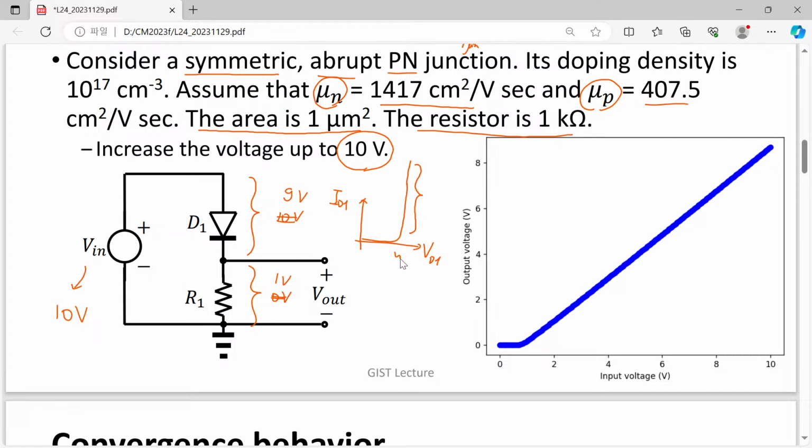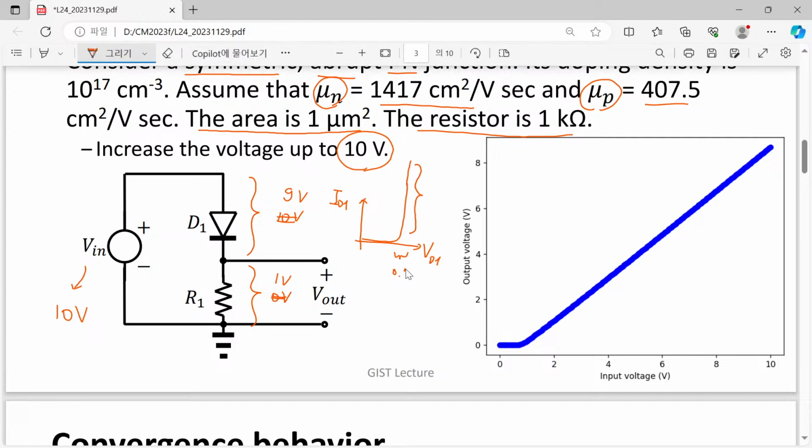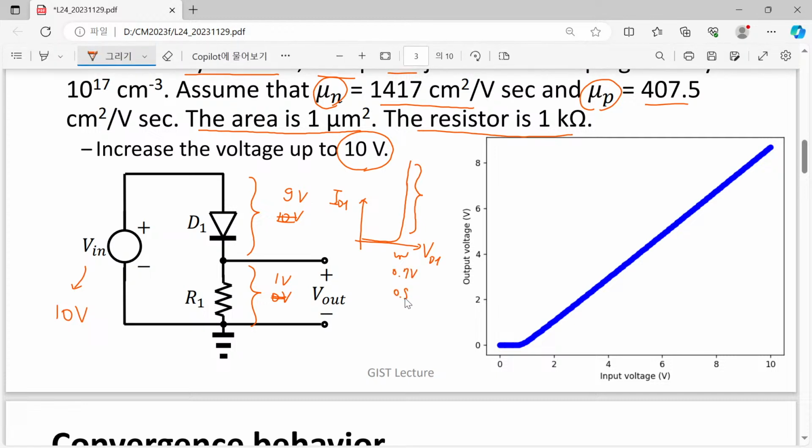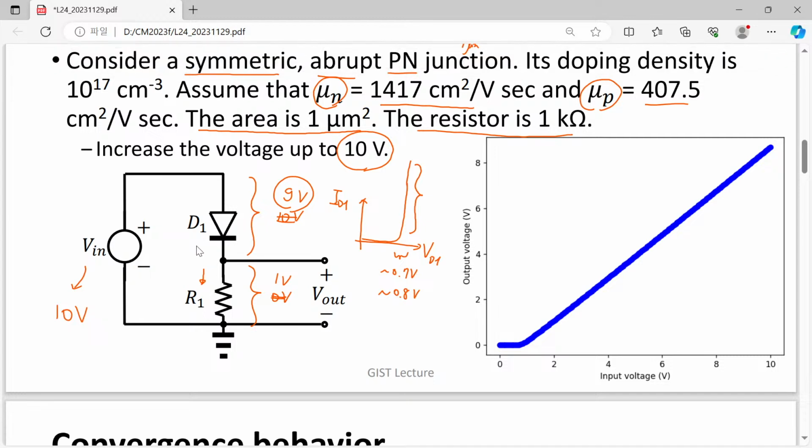However, that is narrowly placed only around 0.7 volt or 0.8 volt depending on the doping density of our PN junction. Simply speaking, if we have 9 volts directly applied to the diode and 1 volt to the resistor, then this 1 volt will generate a small current, and this 9 volt will generate too large a current.